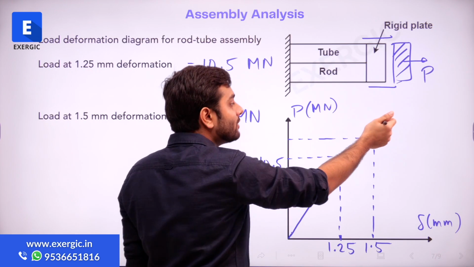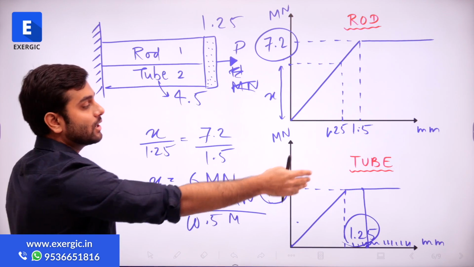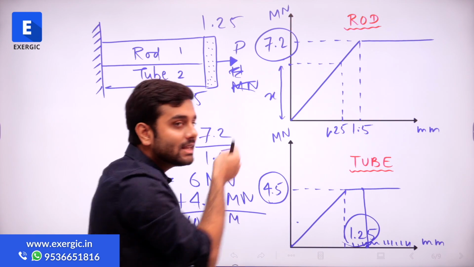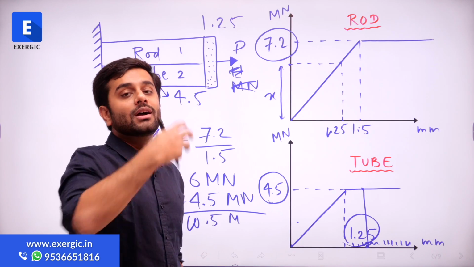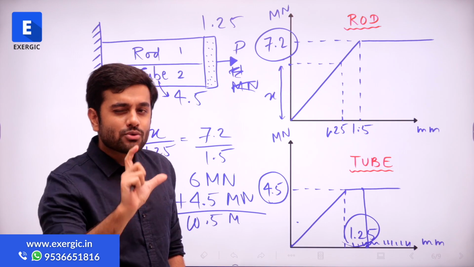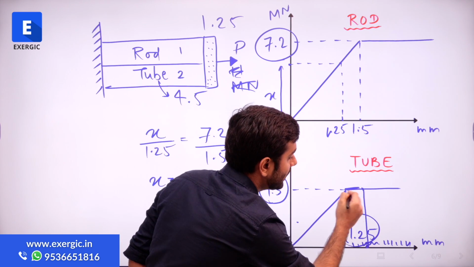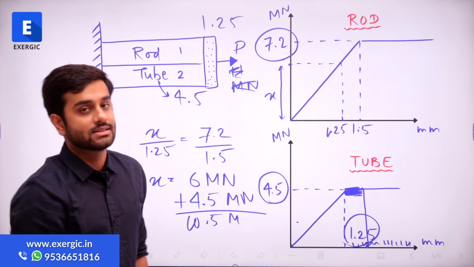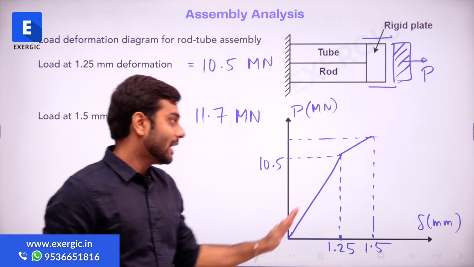After 1.25, what is happening? After 1.25 mm, the tube has entered into plastic, the rod is still in the elastic, right? So now how P and del will vary is going to change slightly, because from 1.25 to 5, the load deformation has changed. So the slope is not going to have the same value.